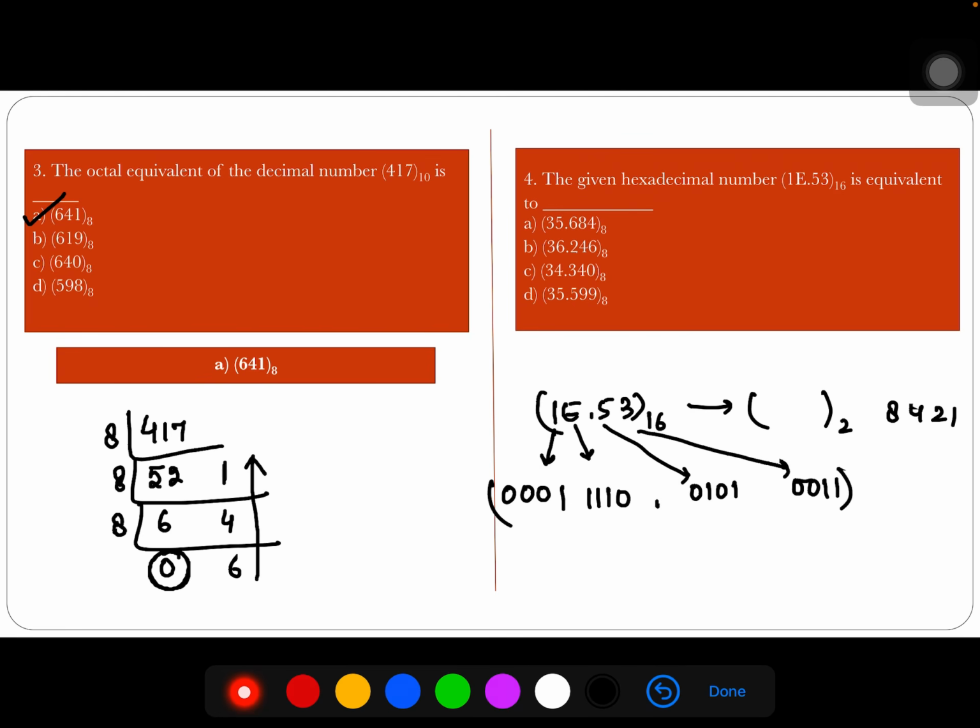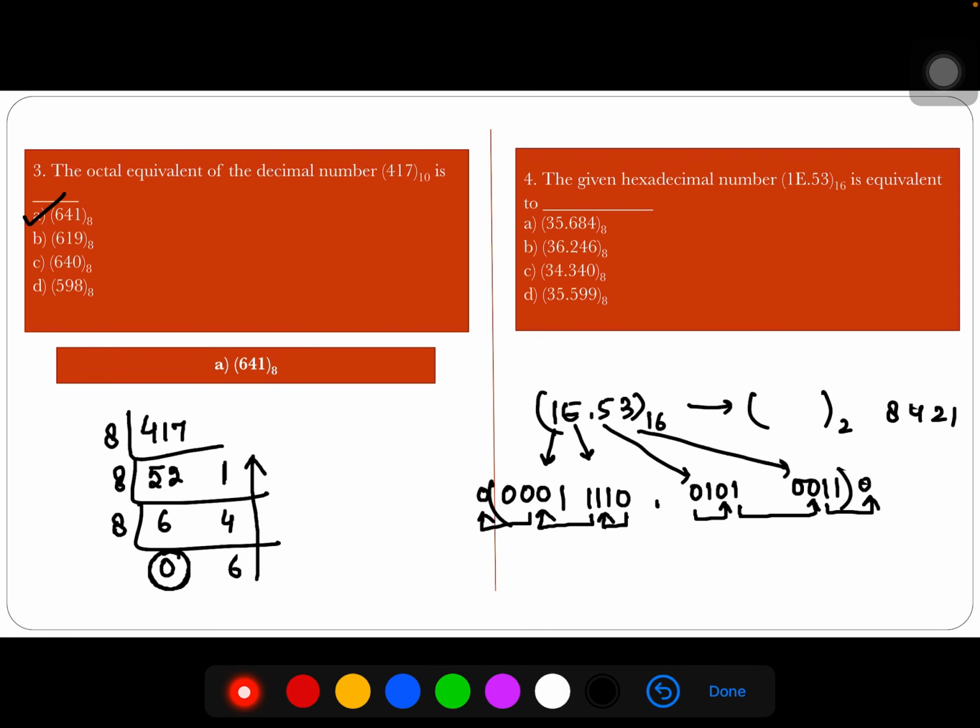Now let's convert it into octal. We will make groups of 3 this time because octal uses the 421 code. For the part before the decimal point, we will move from right to left, and for the part after the decimal point, we will move from left to right.